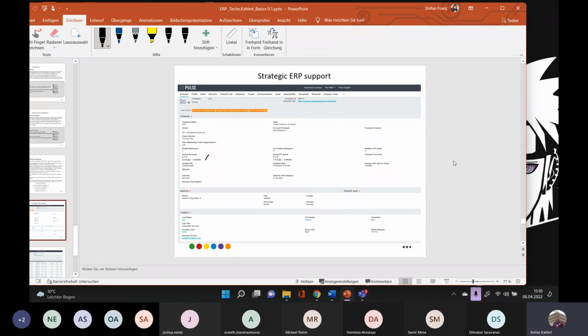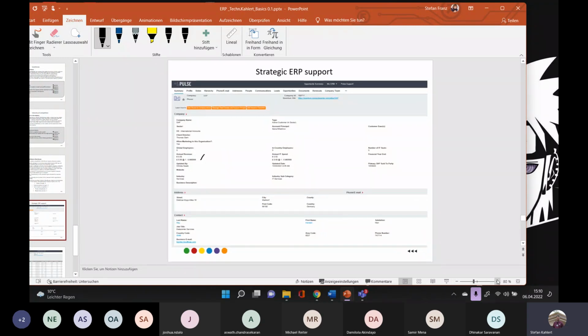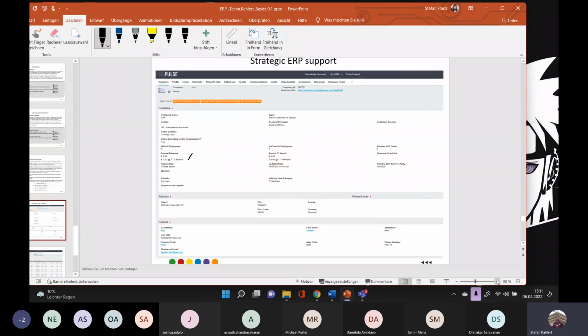We spoke about ERP. You see here, I don't know if you have seen that last time, this is an example of a typical mask in ERP where you see certain information about the client.